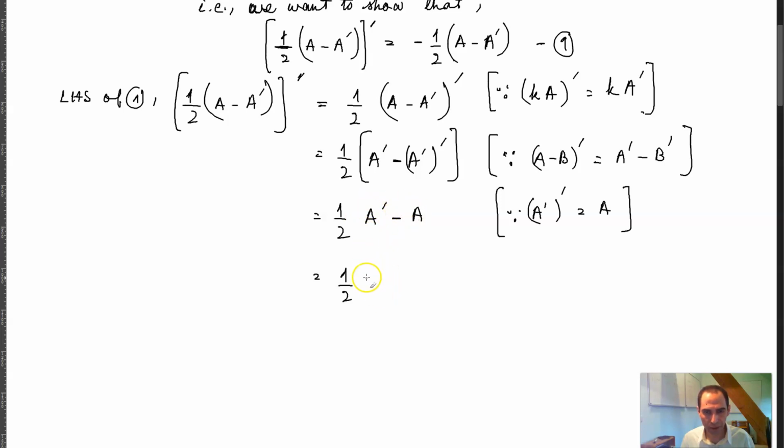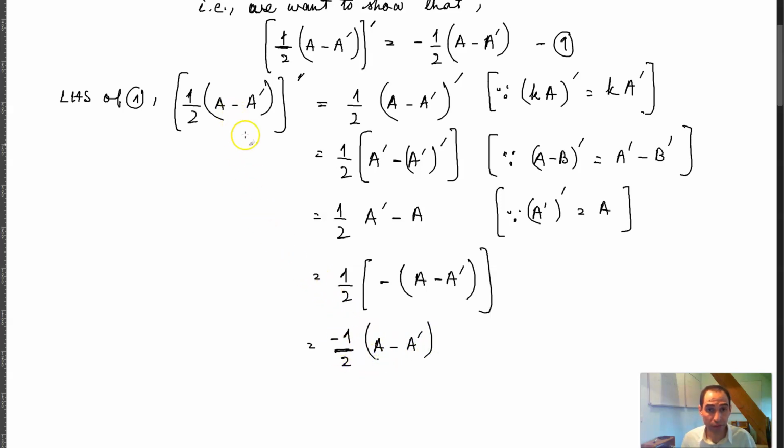I can write this as 1/2 times the negative of (A minus A prime), right? 1/2 of the negative of (A minus A prime), which is the same thing as negative 1/2 of (A minus A prime), right?